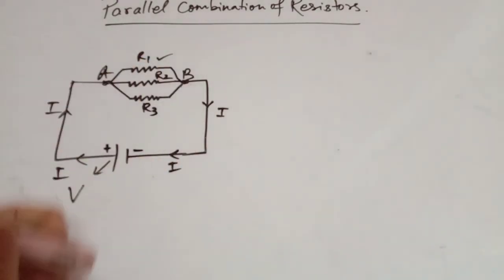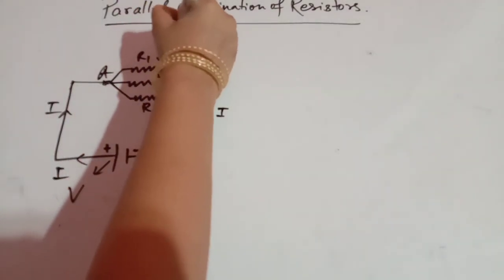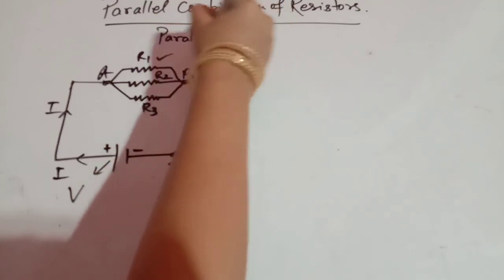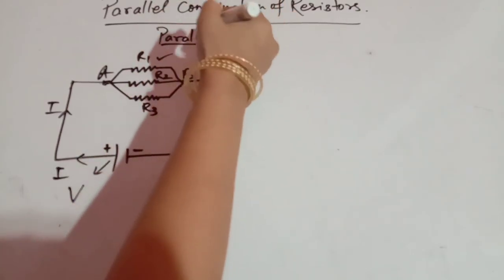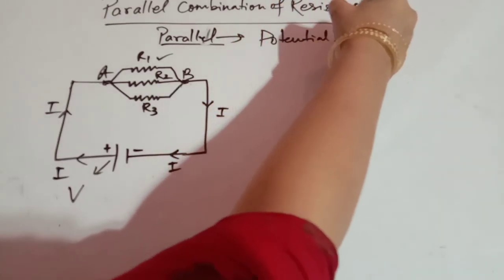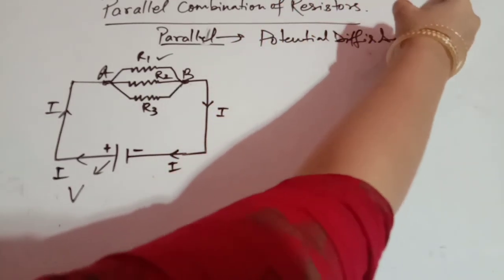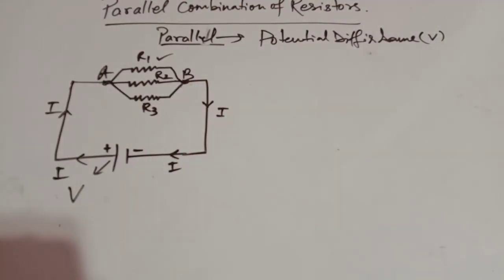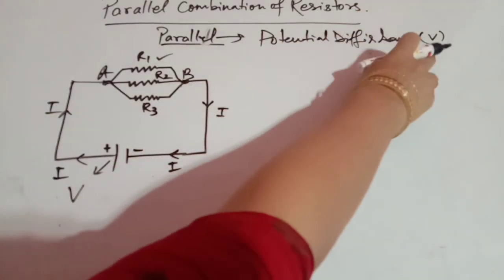Okay, so what we concluded in the parallel combination is that the potential difference is same. In the previous one, we understood that the current is the same, but here the potential difference is same.